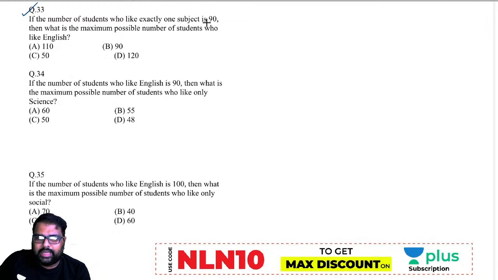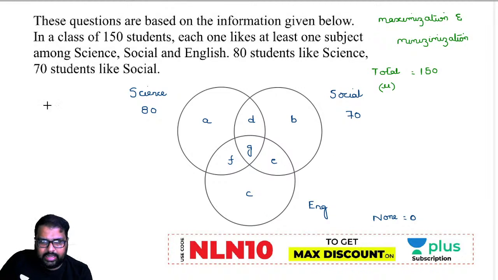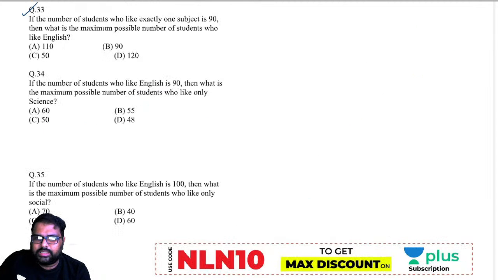Now look here, exactly one subject is 90 means, in the total Venn diagram, A plus B plus C is given as 90. Am I right or wrong? Let me know yes or no. Is it clear? Now what is the question asked? Then what is the maximum possible number of students who like English?